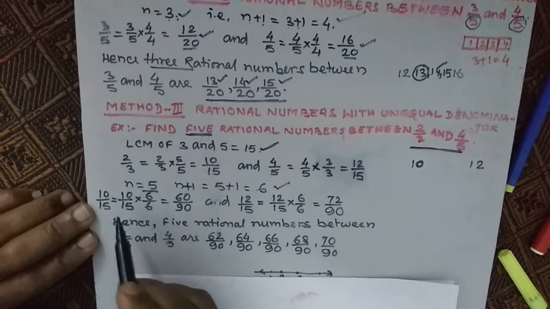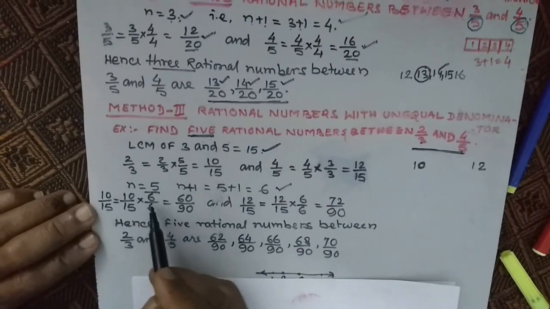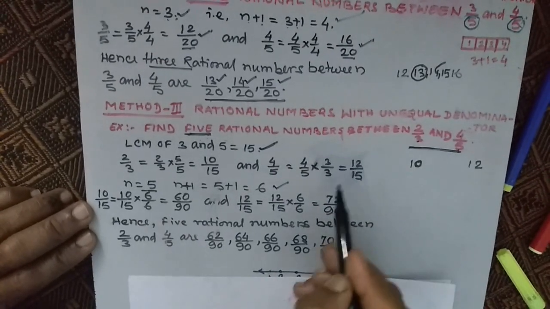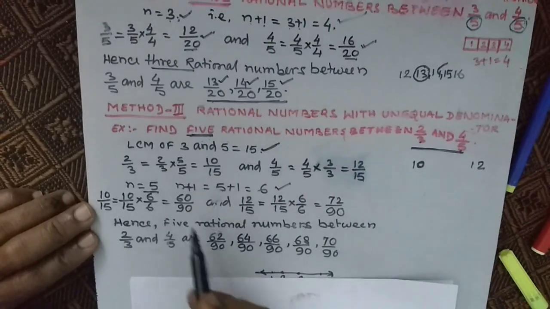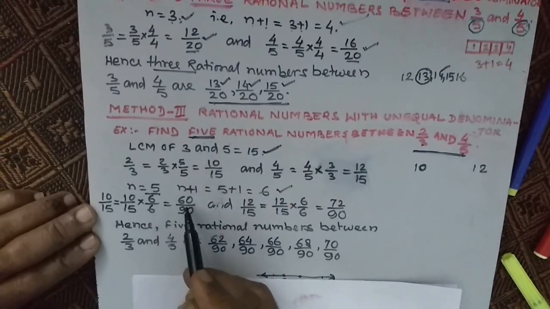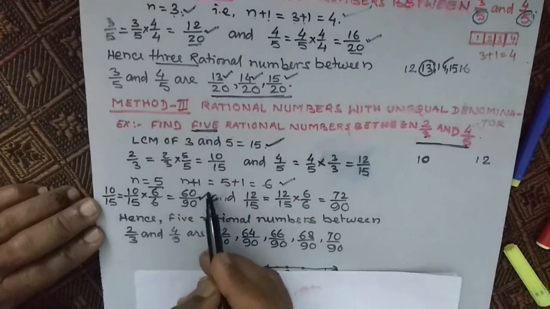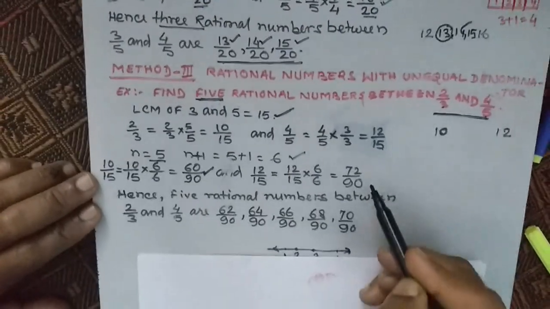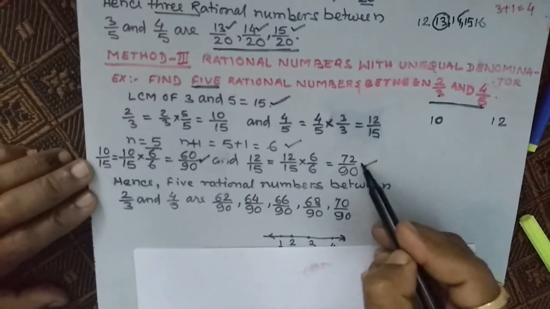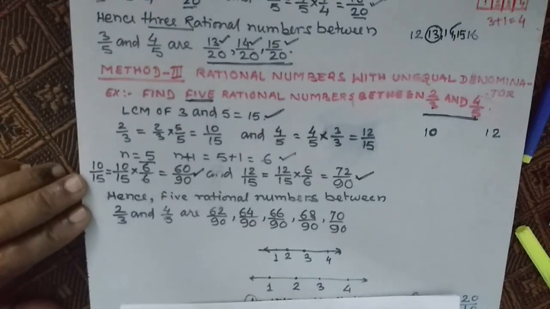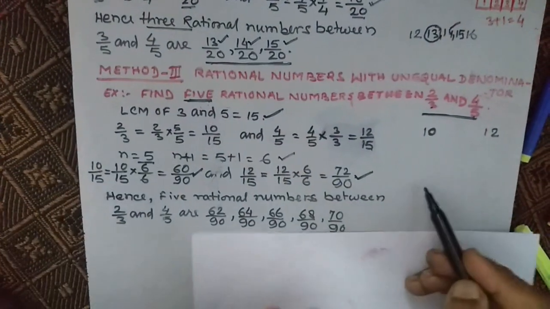For that, multiply numerator and denominator by 6 in both the numbers. It is 60 by 90 for the first rational number, and for the second rational number, 72 by 90.